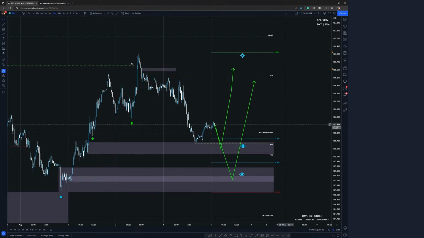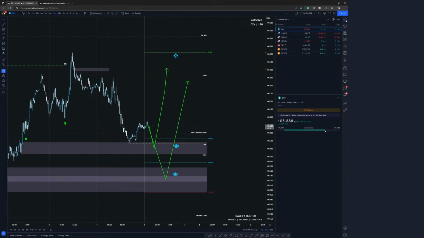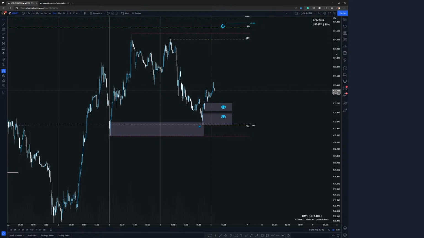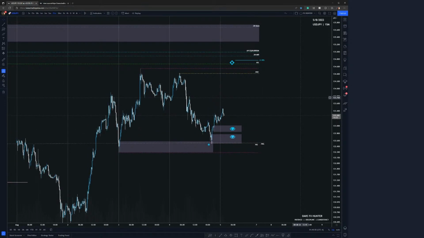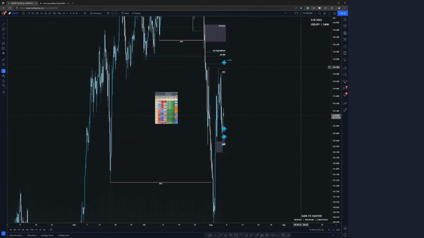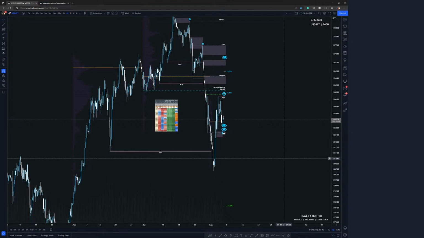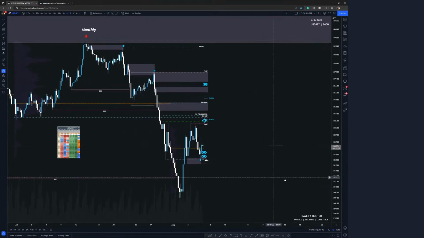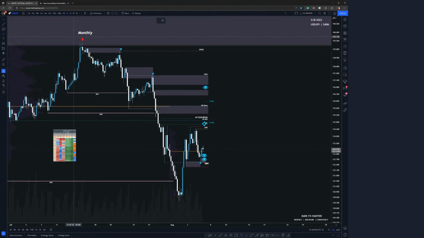So yeah, let's see. As well, what I have is USD JPY, so it's here, and let me bring it to the bigger time frame, and let's track the whole story. So we have a reaction here on the monthly. Then we have a break of the structure here, then a retest of this order block, then the price breaking the structure again.